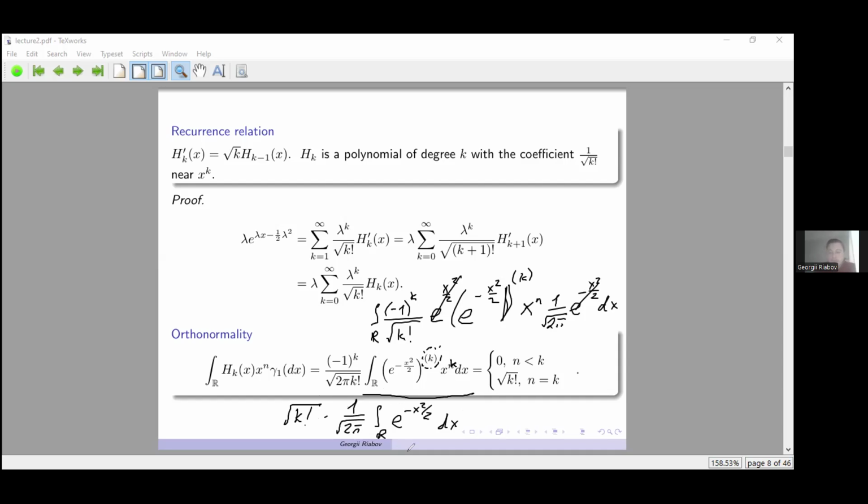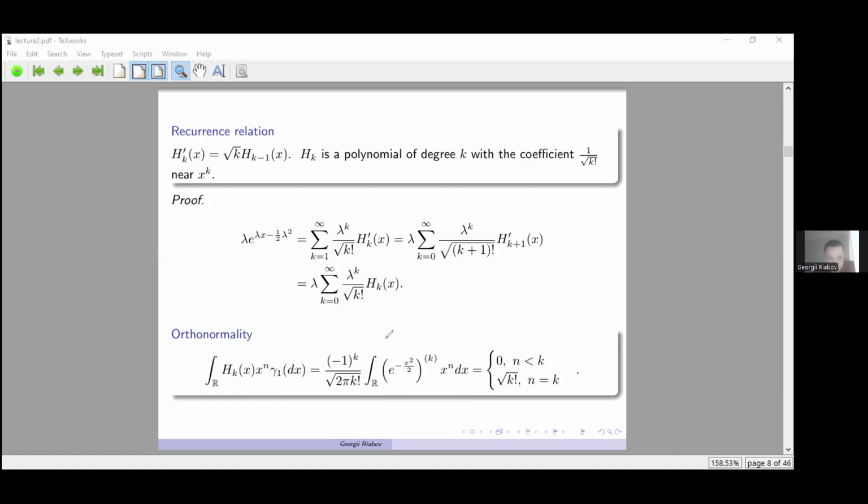But this integral is equal to 1. So what we showed is that this integral equals root of k factorial.